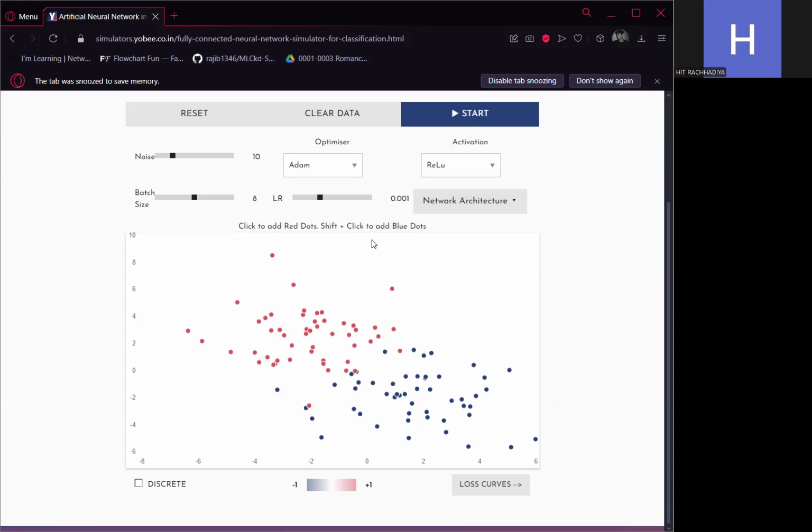Then the second part is the hidden layer. It is the layers between the input and output layers. The neurons in this layer apply weights, biases, and activation functions to transform the input, and the number of hidden layers and neurons in each layer are hyperparameters that you can tune.